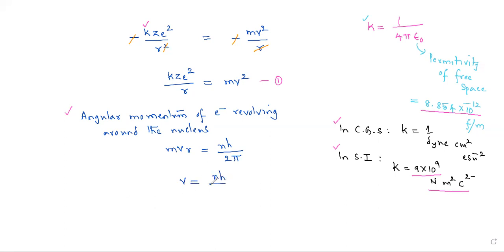It can be written as nh by 2 pi mr, taking m and r onto this side. Let this be equation 2. Now we got the expression for v. We can substitute it here. Okay. Let us substitute 2 in 1.